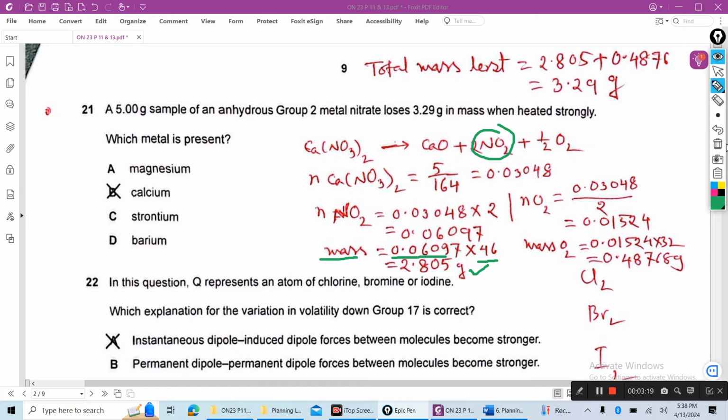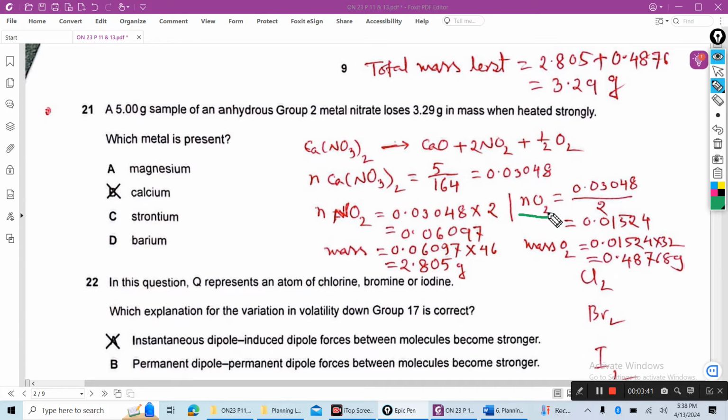Then moles of oxygen, half, moles of calcium nitrate divided by 2, because this ratio is 1 times half. Moles of oxygen is the half of calcium nitrate.